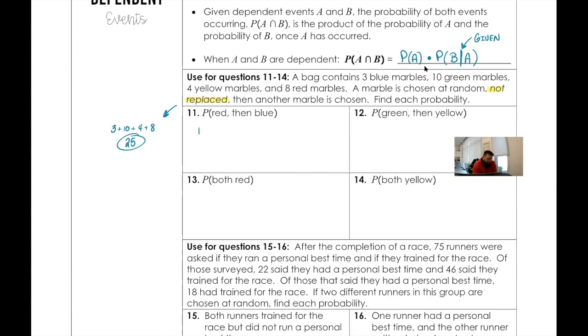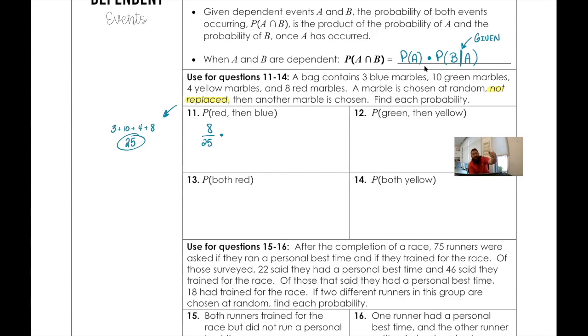So the first thing, the probability of red occurring is there's 8 red marbles out of the 25 total. Okay, now we're putting that red marble on the table, and here's a big kicker. We are going to assume, I know I told you can't assume a lot in geometry, but we are going to assume what happened was what we wanted to happen.